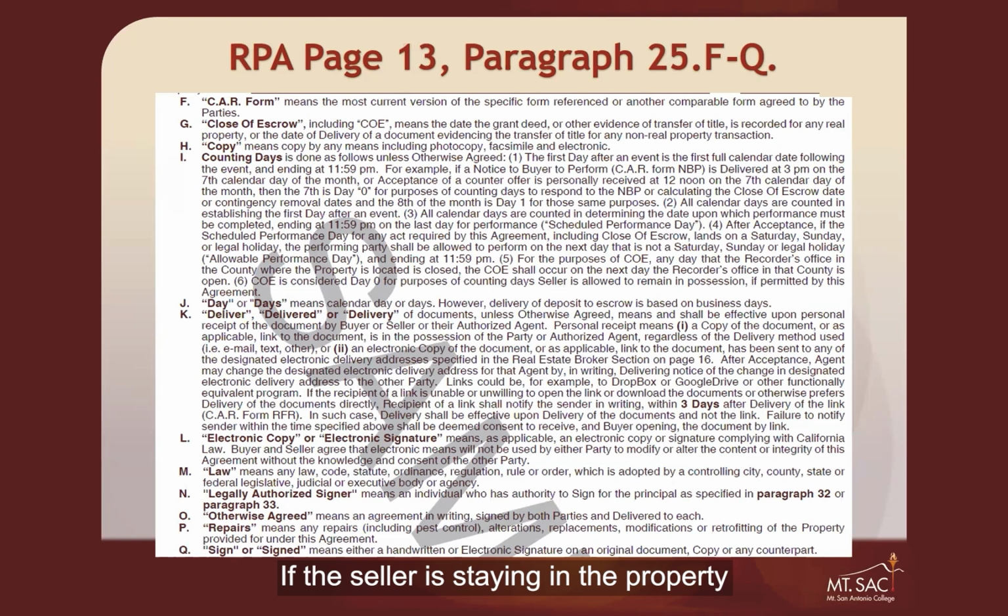If the seller is staying in the property after escrow, if escrow closes today, tomorrow is day 1. So tomorrow is always day 1, and then you count your days. Now, the only time we use business days is the amount of time to get the deposit, either the initial deposit or the increase of deposit, to escrow.